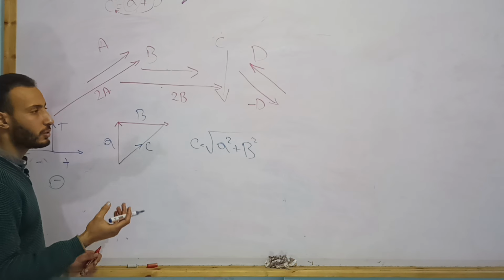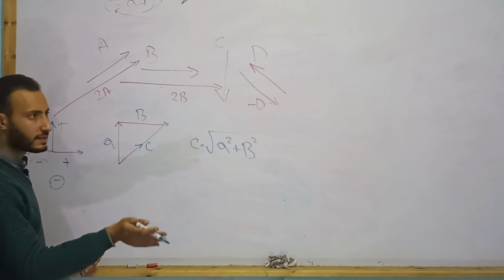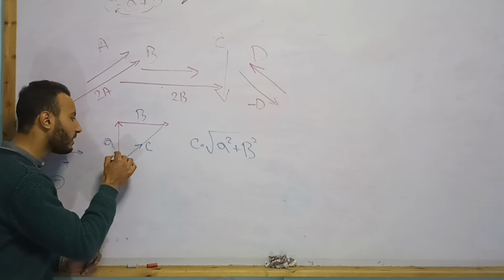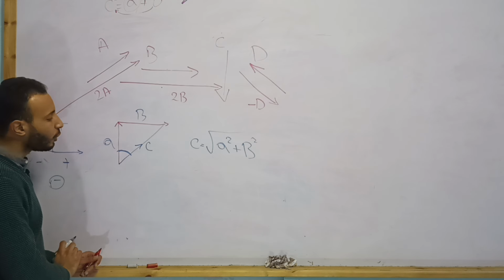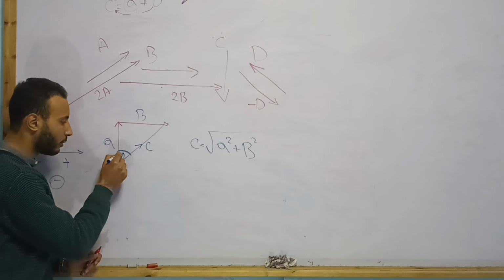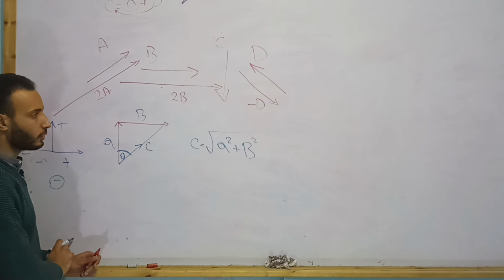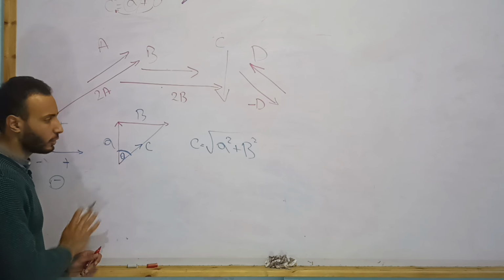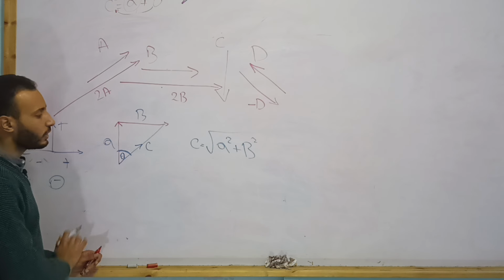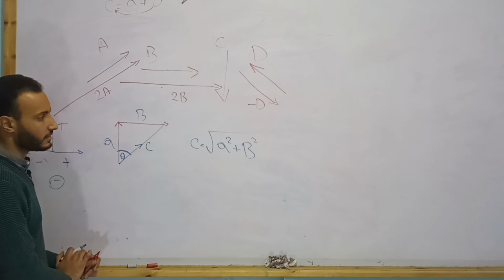Here I don't like you to write it's northeast, but I need the direction by the angle. So let's call this angle theta, okay? You can call it whatever you like. You can say theta, gamma, alpha, whatever you like, but we're going to call it theta because we used to call it theta.